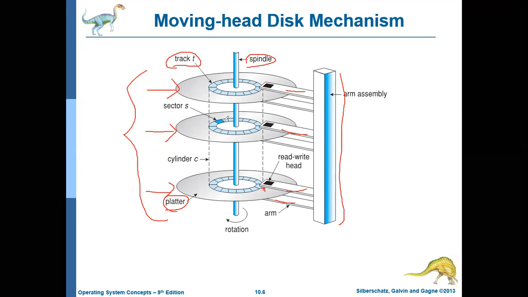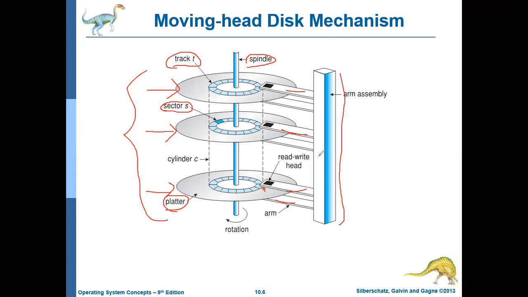Each track is further divided into small segments, and these small segments are called sectors. So this diagram clearly explains the structure of the hard disk.